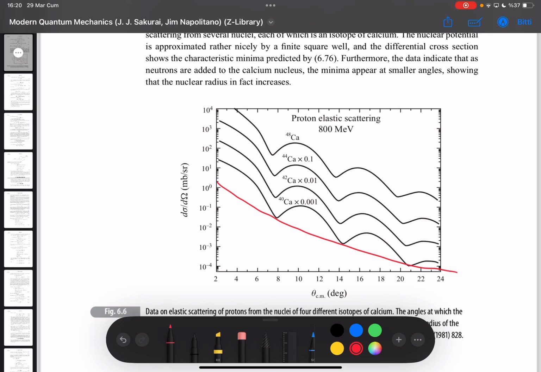So that basically tells us that the proton, when it's scattered on calcium, is more or less scattered just like from a potential well. And also keep in mind that these plots are multiplied by some powers of 10. And what else can you say about the position of these zeros?